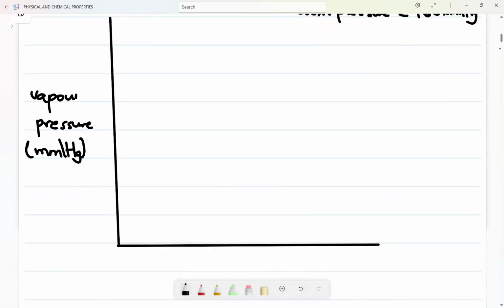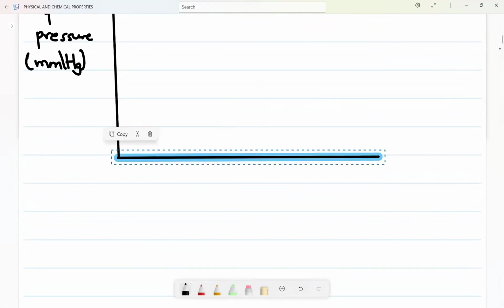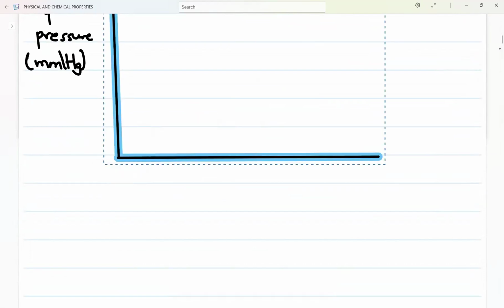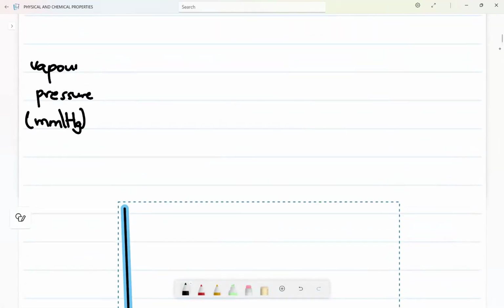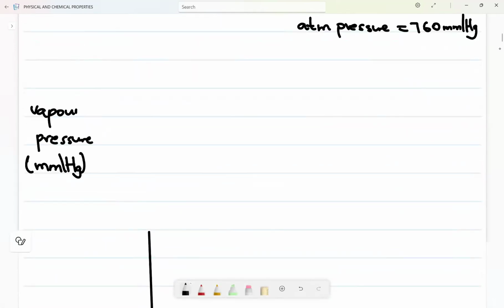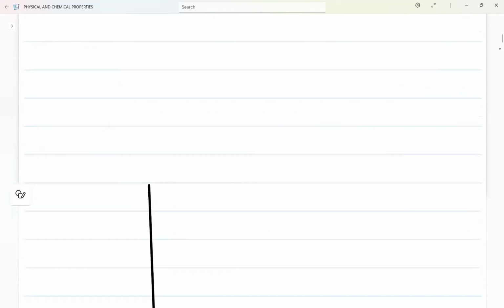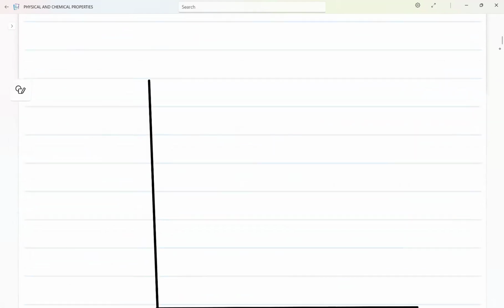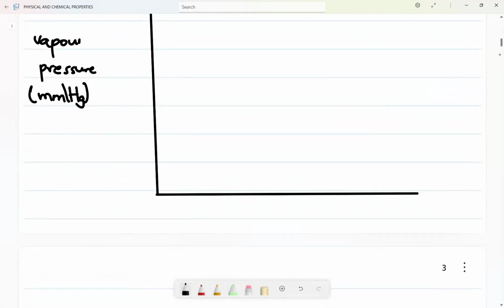Now let me take this graph and put it a little bit lower, because I want us to know how to define not boiling point, rather vapor pressure. Here I'm going to say it is the temperature.